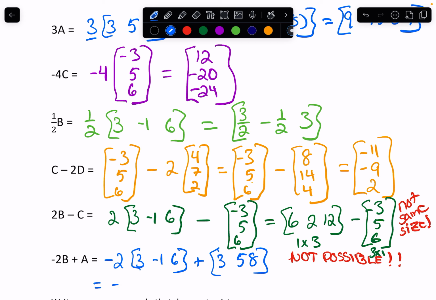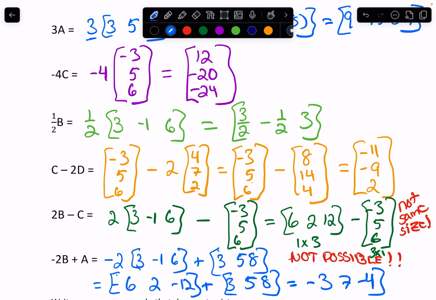We do the multiplication first, so -6, 2, and -12. And then we add the matrix A, so -3, 7, and -4.